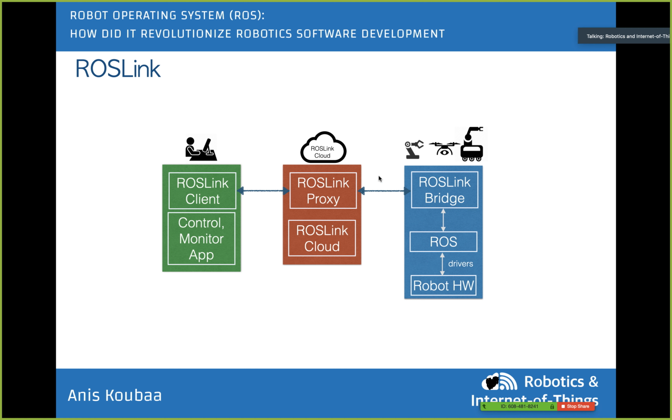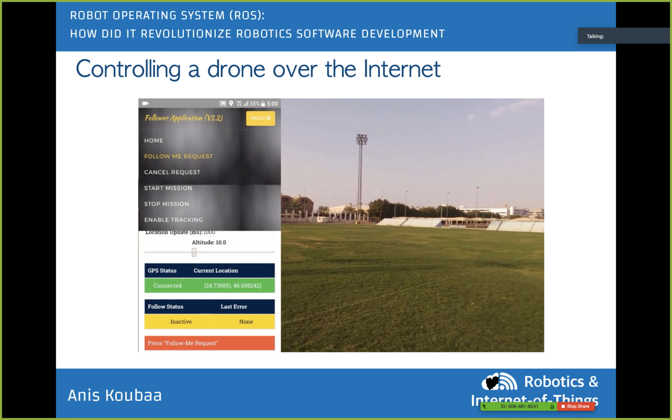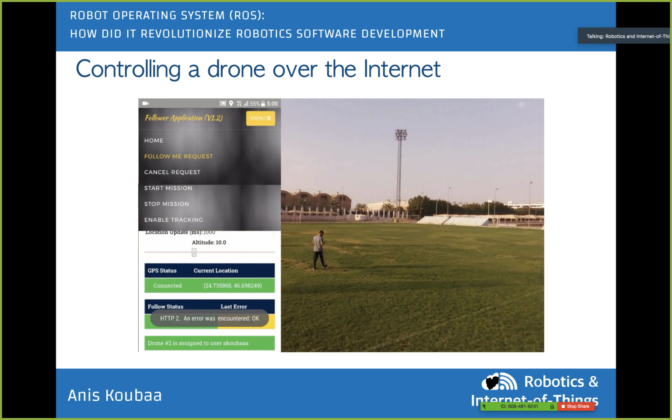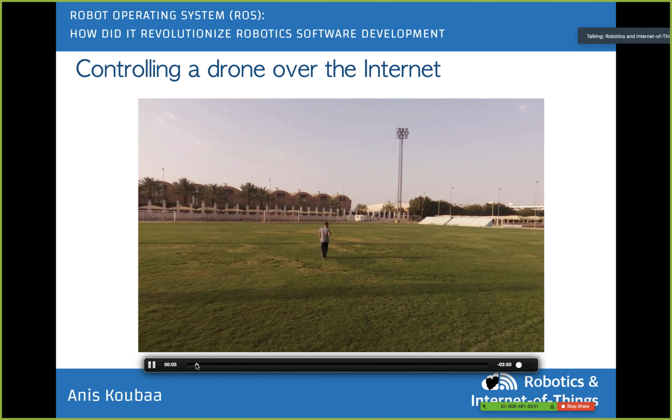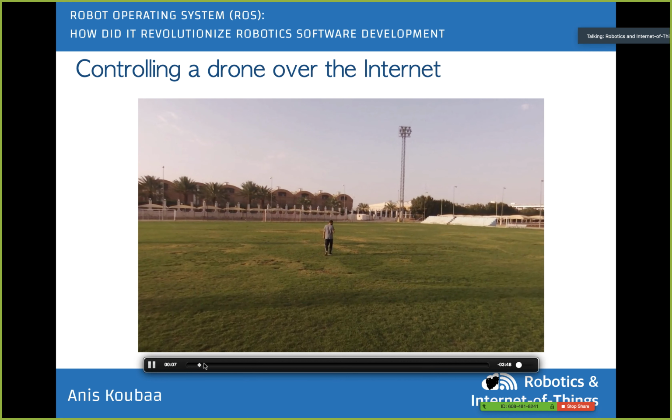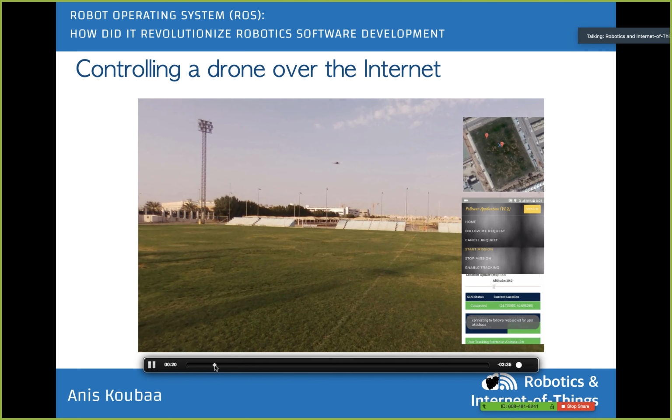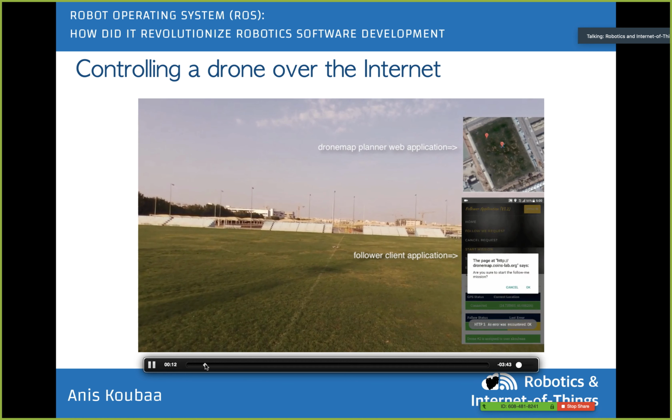We have also implemented video streaming, from the robot to the end user, and we can send commands from the user to the robot. This is one of the first applications we implemented to control a drone over the internet. This is me here in the football field of Prince Sultan University, with the following mobile application.